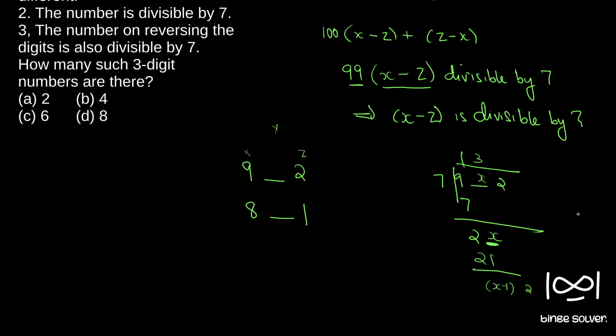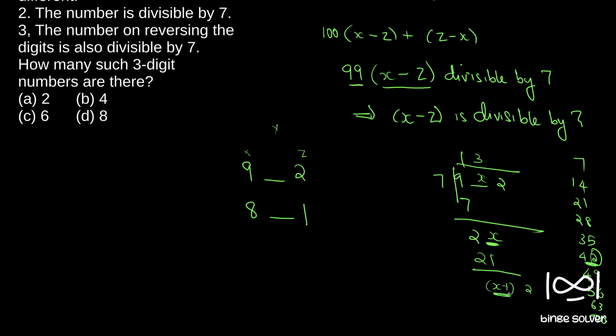As you know, the multiples of 7 are 7, 21, 28, 35, 42, 49, 56, 63 and 70. So here x minus 1 has to be the one ending with 2, which is 42.